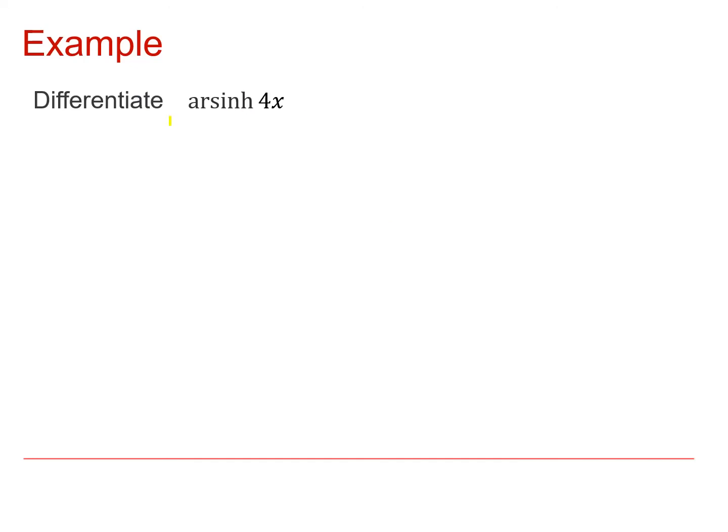Well, let's look at differentiating arsinh 4x. So I want d by dx of arsinh 4x. And this is a chain rule type differentiation. So I'm going to get a multiply by the derivative of 4x in here as well. So it's going to be 4 times the derivative of arsinh x.